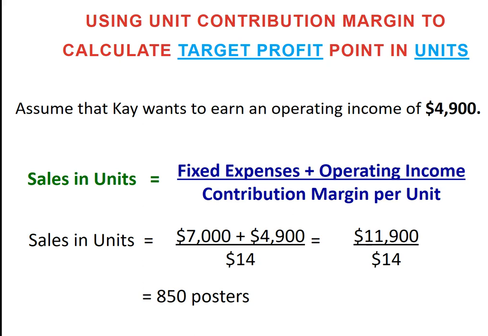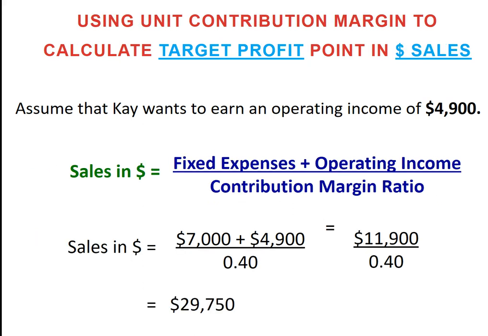So this is how you could figure out how many units the company needs to sell to earn a certain target profit. You could also figure out what their dollar sales should be if the company wants to earn a certain target profit. Again, it's the same formula. Since I asked you the dollar value of sales, not the units, here your denominator will be contribution margin ratio. And the top part is the same, fixed expenses plus operating income.